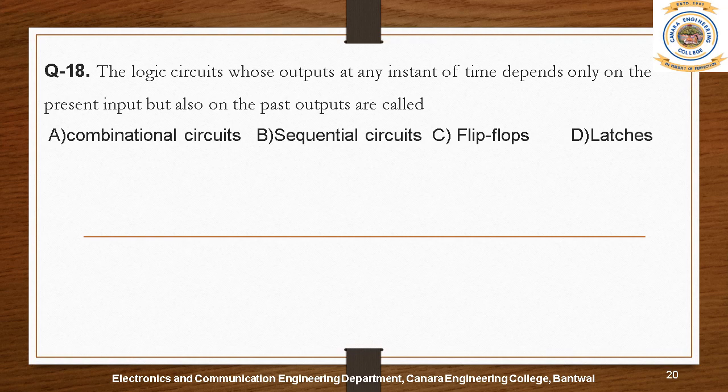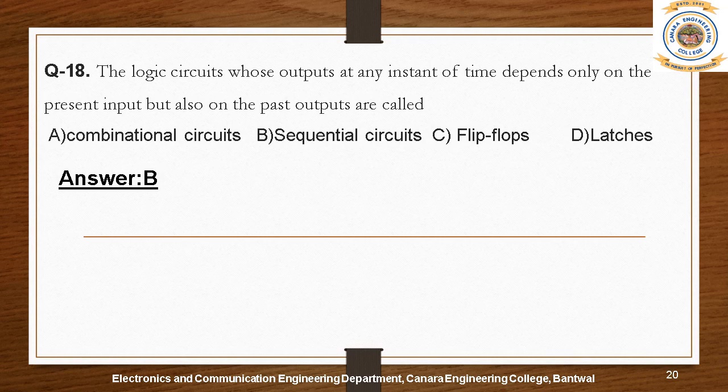Whatever inputs you are giving at present, the output does not depend only on that but also on what the past output was. If your circuit depends on past output also, such circuits are called sequential circuits.